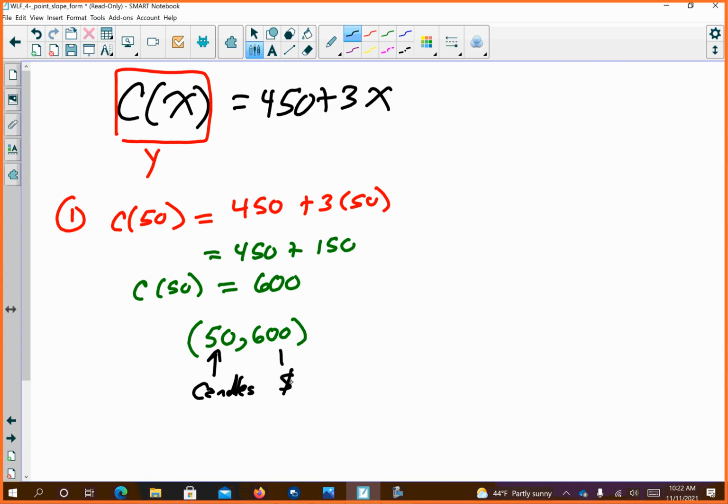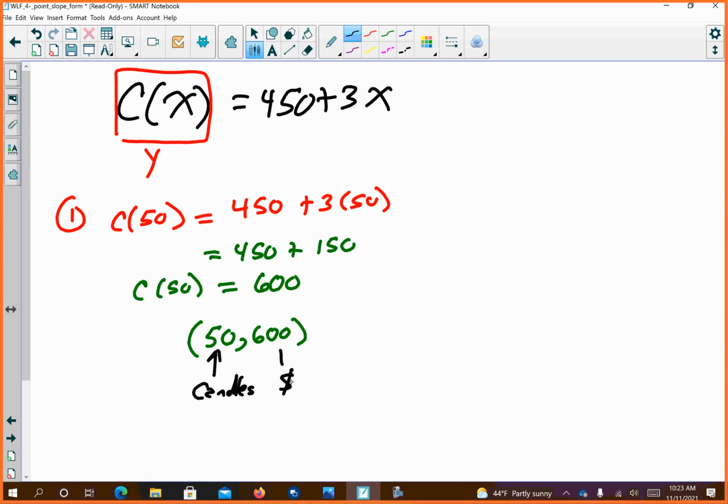If, for some reason, it costs $450 to set up our candle making equipment. Again, this is just made up arbitrary stuff, so I'm not looking to debate how much it costs to make candles. I have no idea. I think we found this someplace. So this means if I want to make 50 candles, it's going to cost me $600.